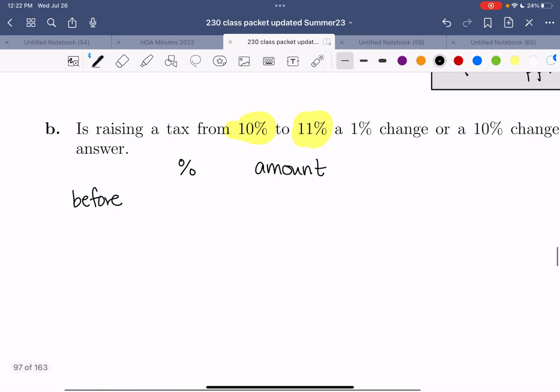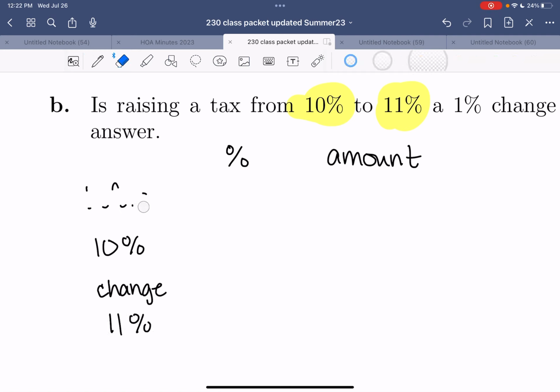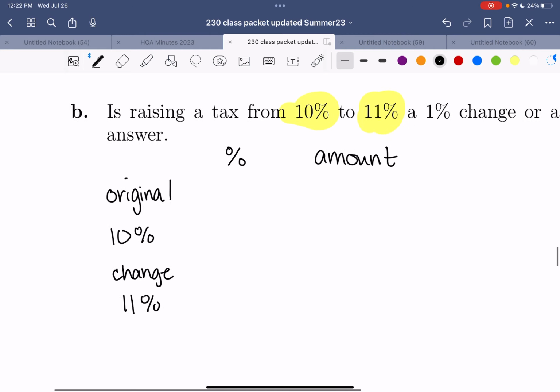In my list, I'm going to have before, I'm going to have 10%, the change, and 11%. And instead of going with before, I'm going to go with original. Sorry, I'm changing this up on you. But I just had an idea as to how this might be a little bit clearer.